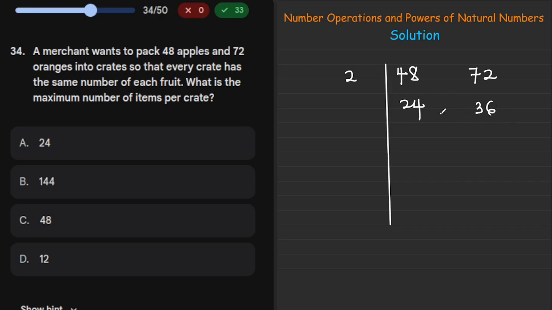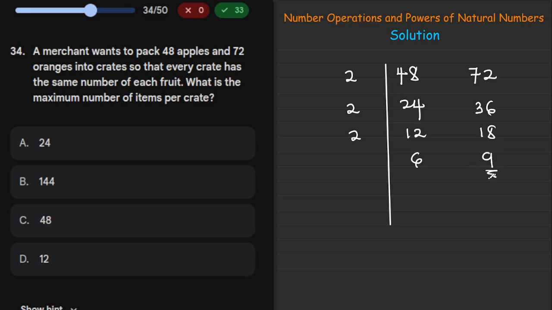These two numbers are even, so we can still proceed with 2. 2 divides 24 to give us 12, then divides 36 to give us 18. These are both even, so 2 works again. 2 into 12 gives us 6, and 2 into 18 gives us 9.